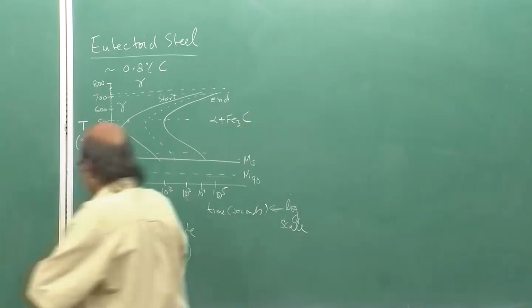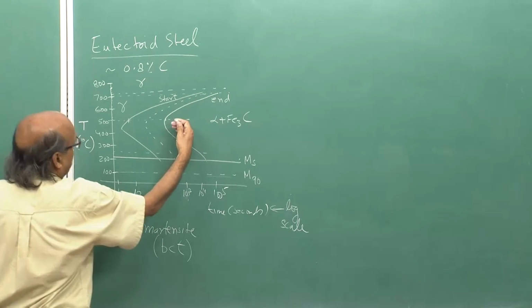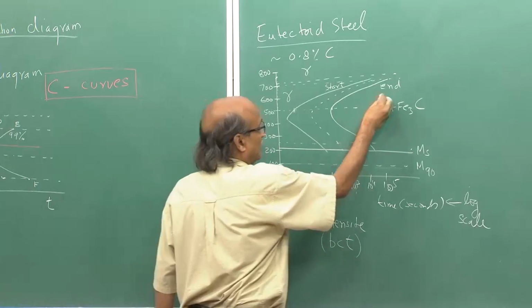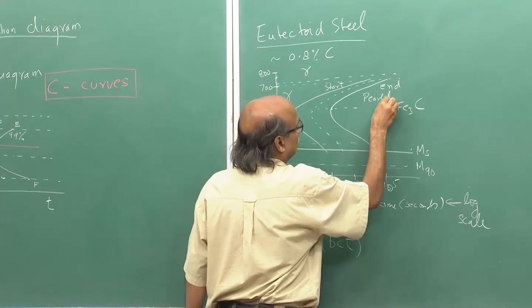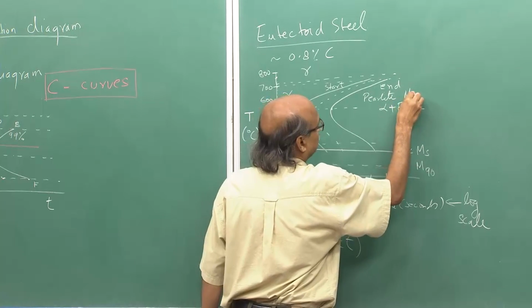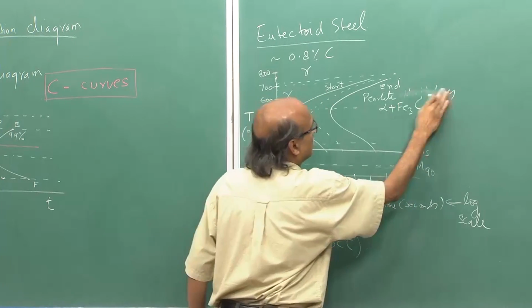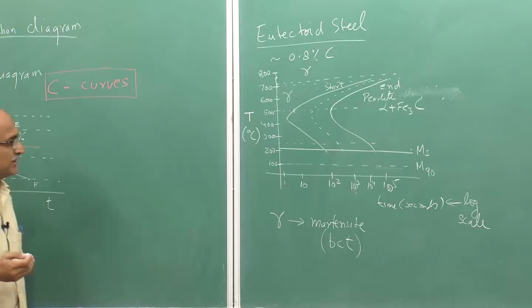Other thing that I have not pointed out here, and as such a little bit out of the scope, is that in the upper part of the C curve, in this particular case we get pearlite morphology, or simply pearlite, which is alternating layers of ferrite and cementite.